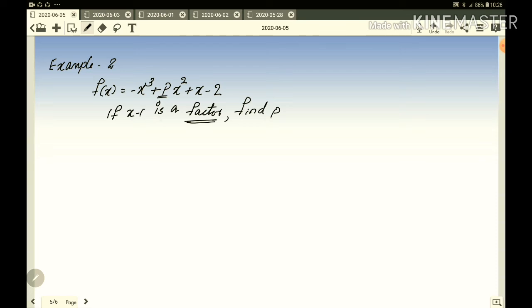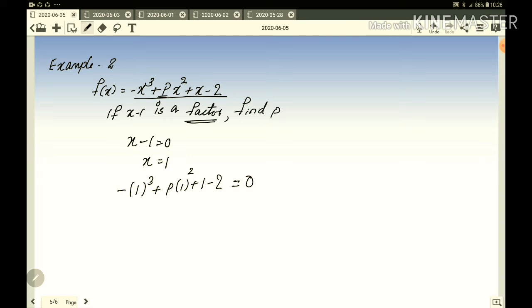Since x minus 1 is a factor, x minus 1 is equal to 0, that is x is equal to 1. I'm going to substitute this 1 in this expression. It's minus, x I'm replacing with the 1, all cube, plus p times 1 all square, plus 1 minus 2. I know that when you substitute, the answer must be 0, isn't it?